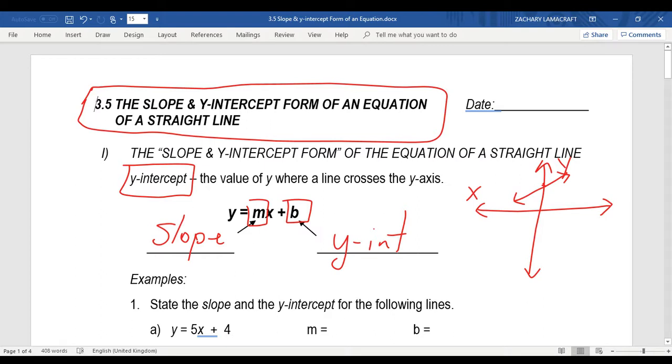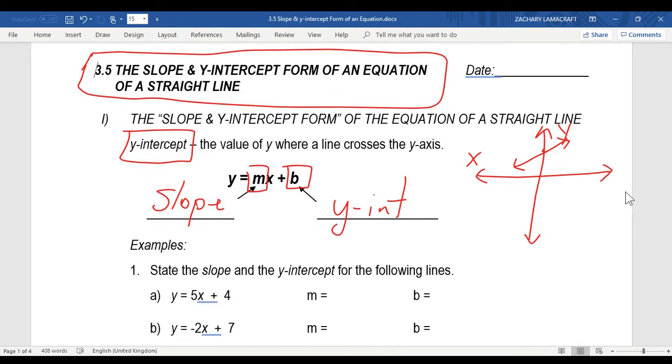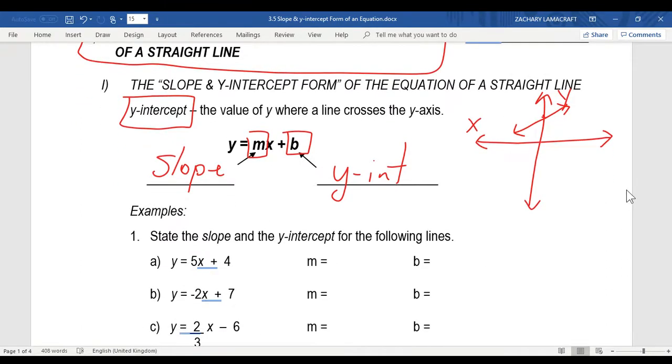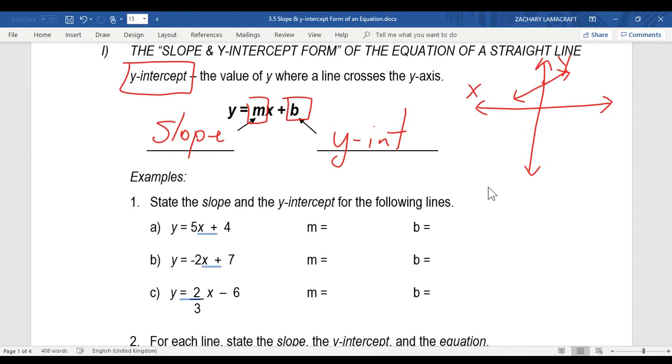All right. So if we look at the following examples, our job is now going to be to state the slope and the y-intercept. It's important to remember that the slope is just m. It's not x. Okay. So the slope is just m, or that number. So if we looked at the example y equals 5x plus 4, the slope would be 5, right?